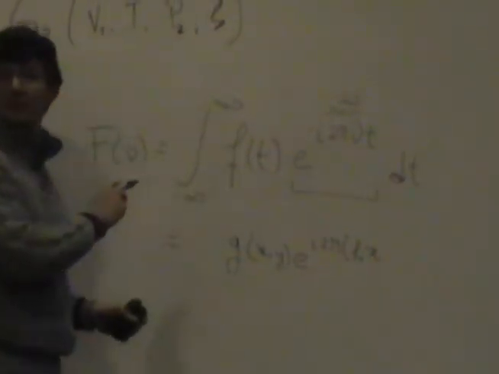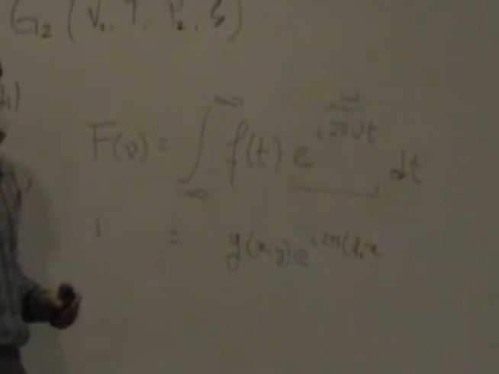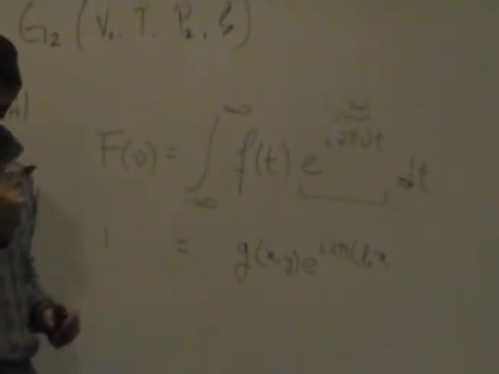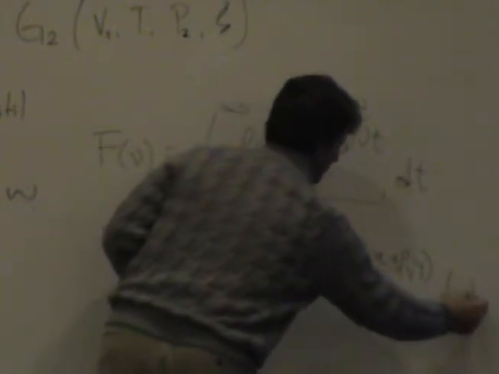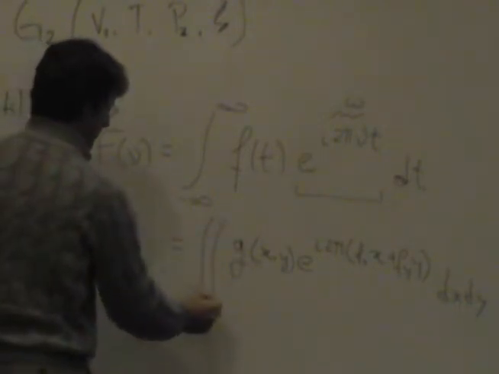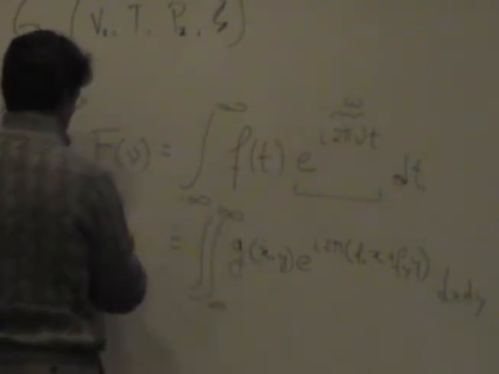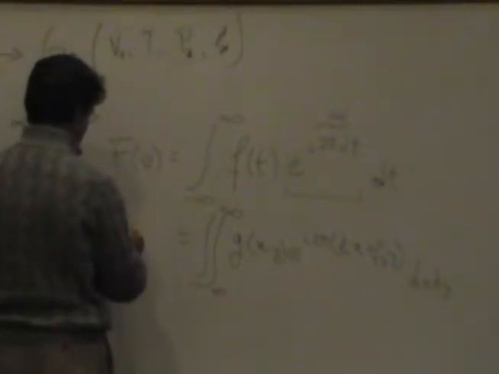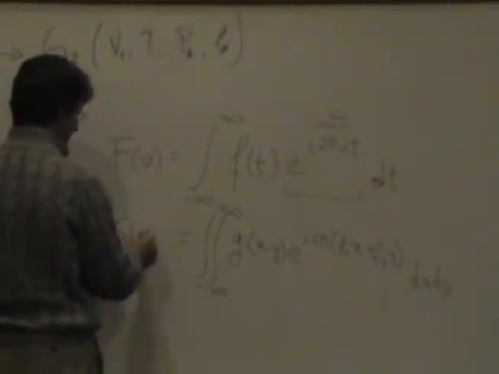Can you see, or is it too small? Can you see from the back? From the middle? And here, Fy, y, dx dy. And this is going to be a double integral now. And it's going to be G of Fx, Fy.